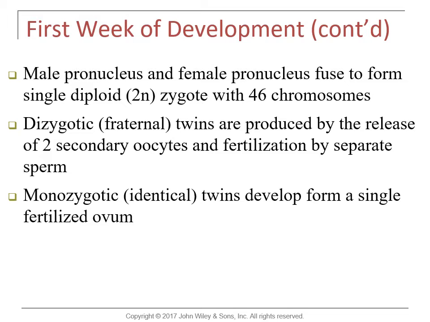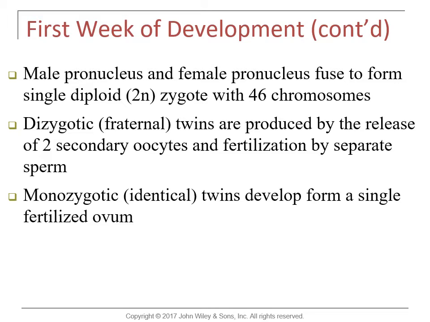After the male and female pronuclei form, they fuse, producing a single diploid nucleus. The fusion of the haploid N pronuclei restores the diploid number 2N, which is 46 chromosomes. The fertilized ovum now is called a zygote.